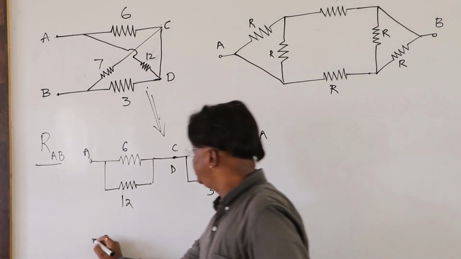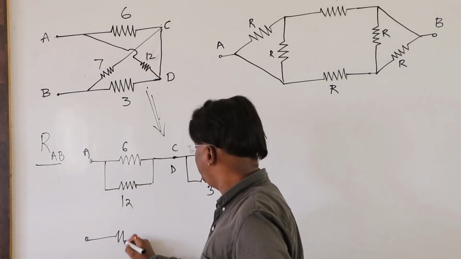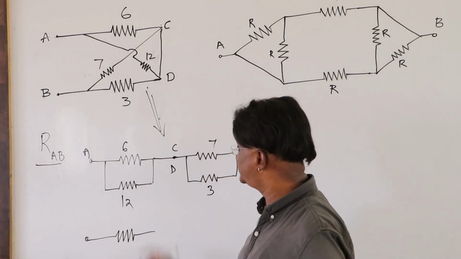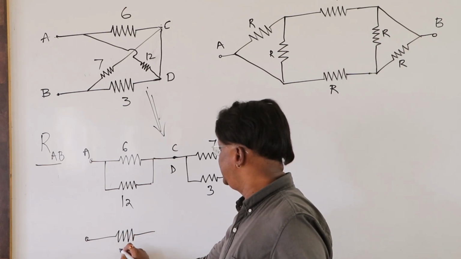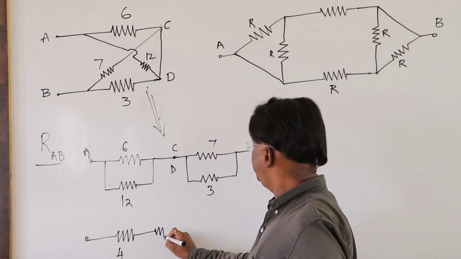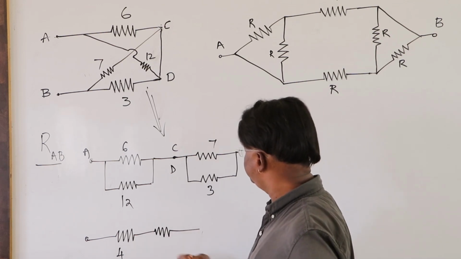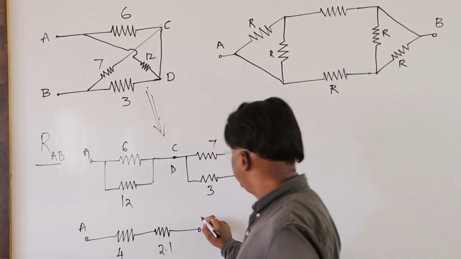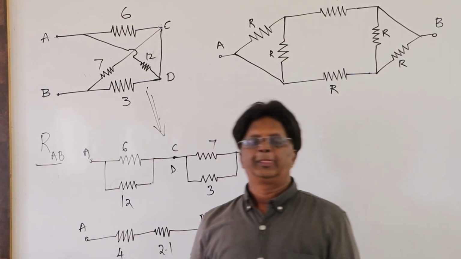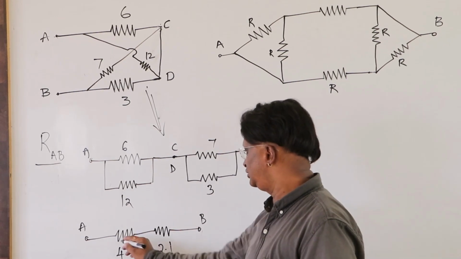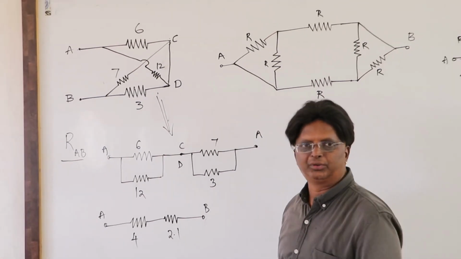So this now gives us 6 and 12 in parallel, R1 R2 by R1 plus R2. Use the rule, 6 and 12, you will get it as 4. 7 and 3, 7 into 3 by 7 plus 3, it will be 2.1 ohm between the terminals. Now, the final answer would be 6.1, because it's a series combination of 2 resistors.